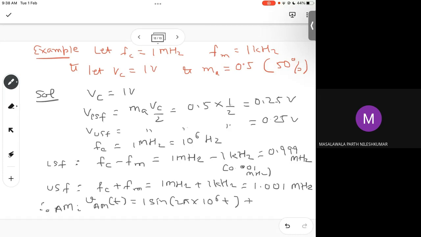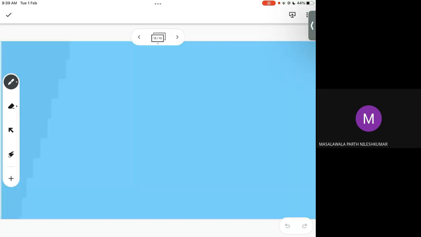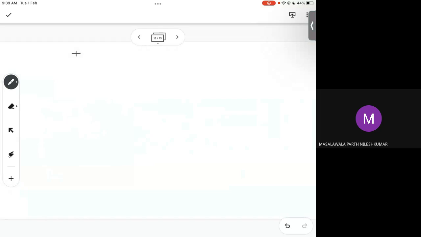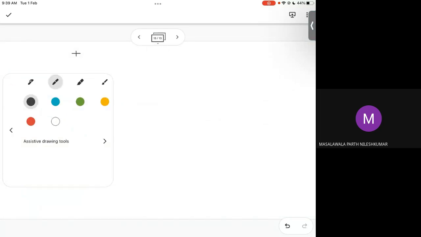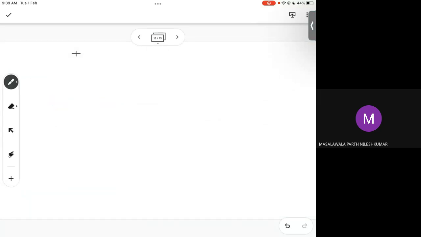Then my amplitude turns out to be 0.25 cos 2 pi into 0.999 into 10 to the power 6. And then, sorry, it will be a minus now because the third expression is minus.